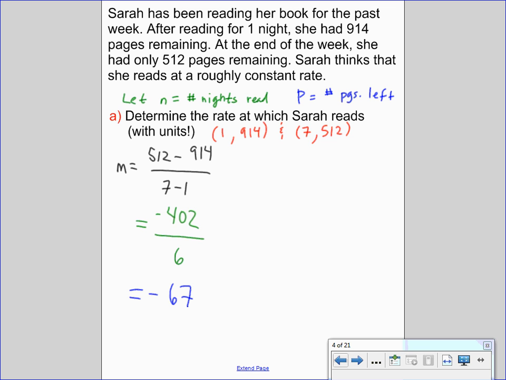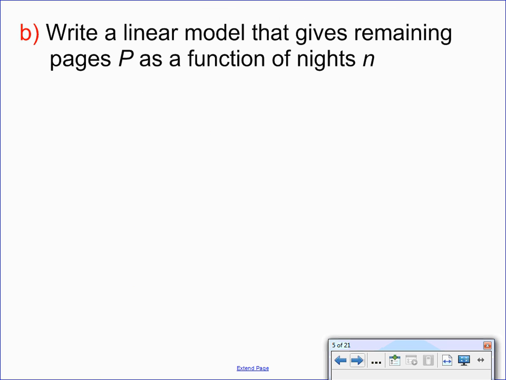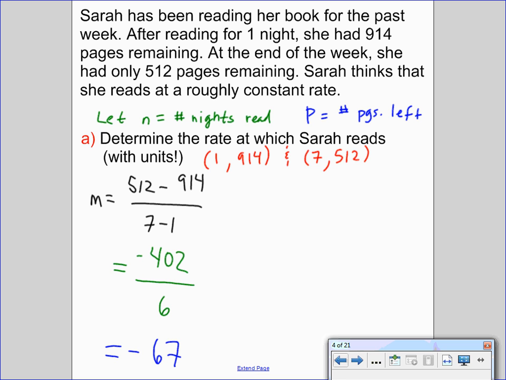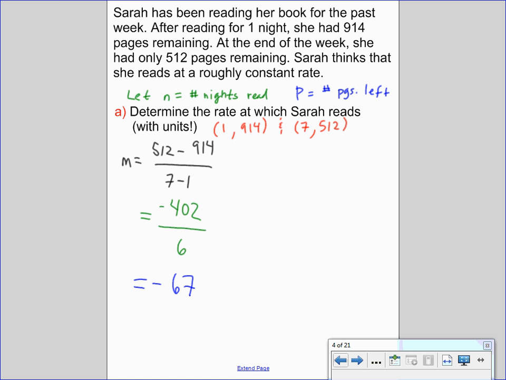Now let's go ahead and interpret this slope number in context. And so, determine the rate at which Sarah reads with units. That's negative 67. My top number came from pages. My bottom number came from nights spent reading, so it looks like pages per night.